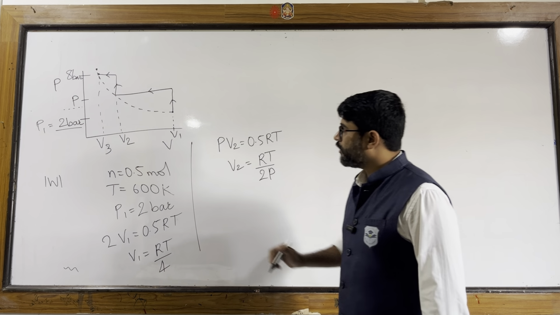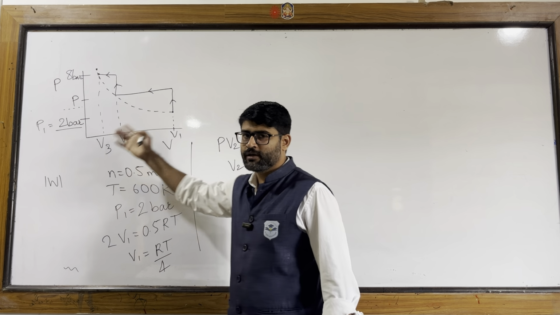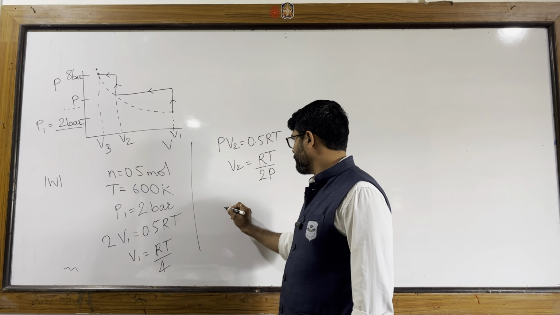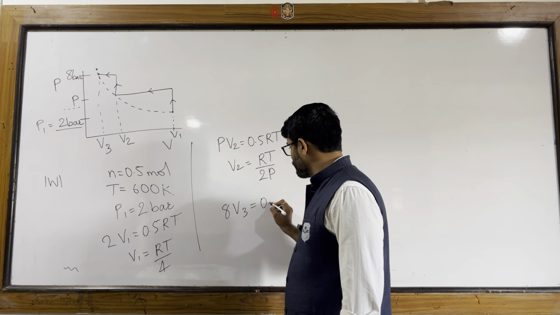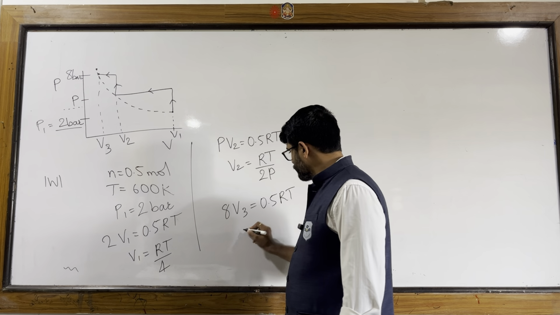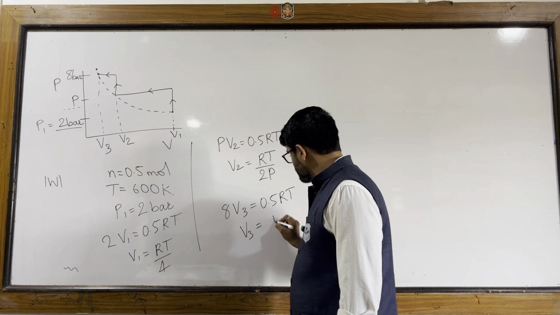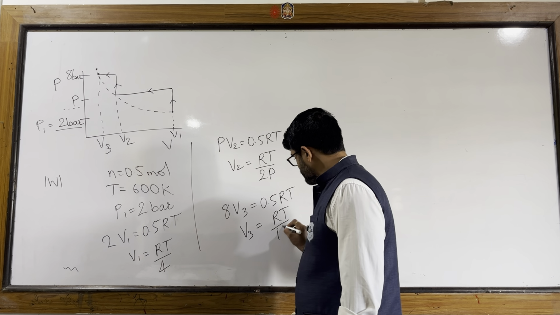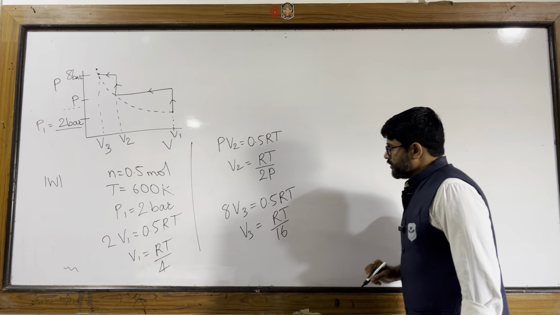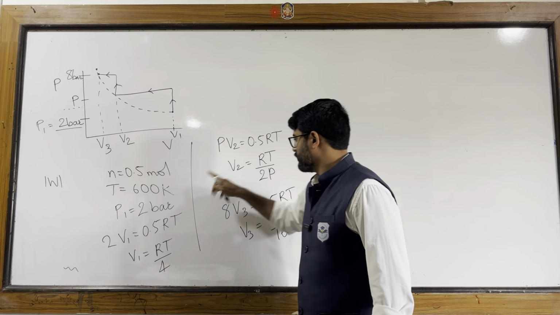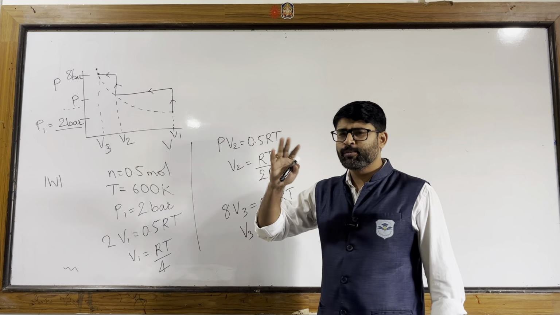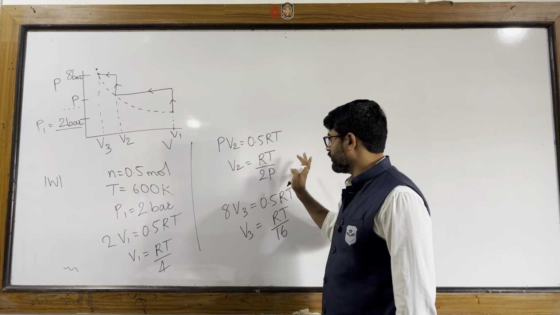And finally the final volume V3, with 8 bar, gives V3 equal to RT by 16. Here only the temperature is known, so I will put the value of temperature at the end of the question.